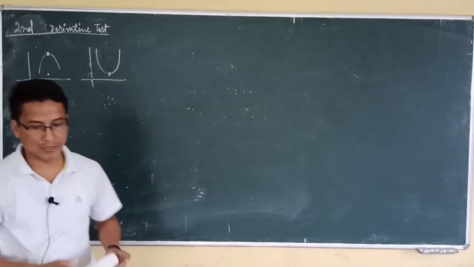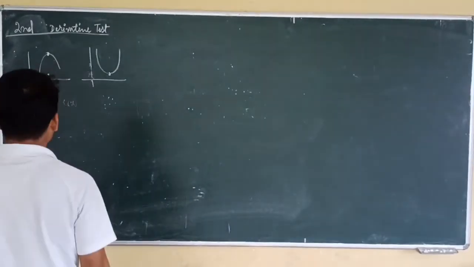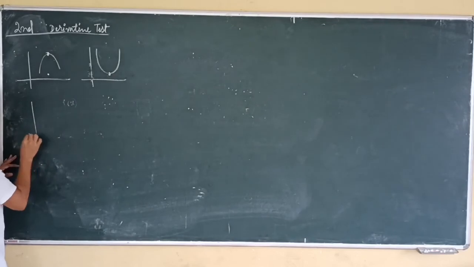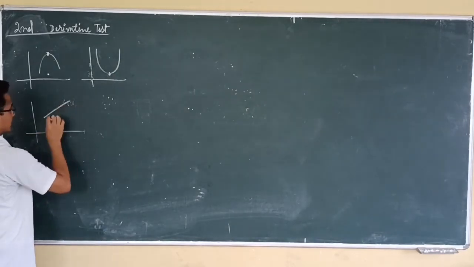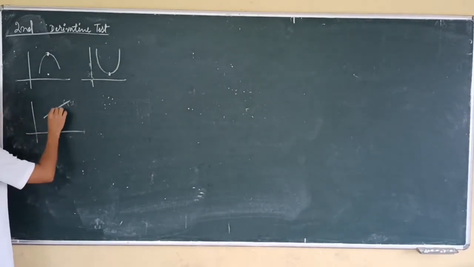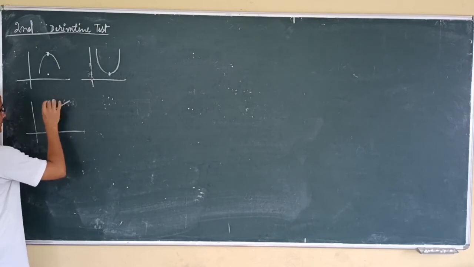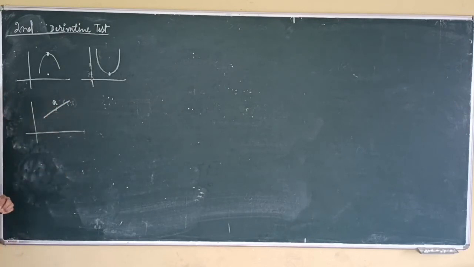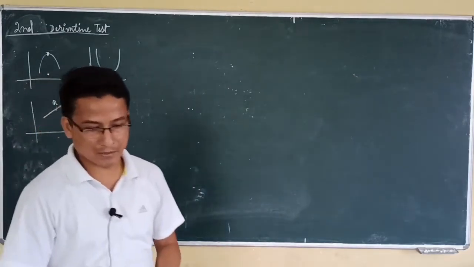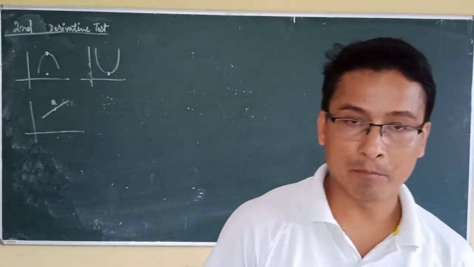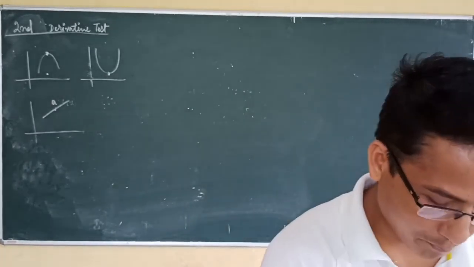So after that, when you get a graph like this, here is some point you have. Suppose I take this point. Now this graph is not like maxima and not like minima.